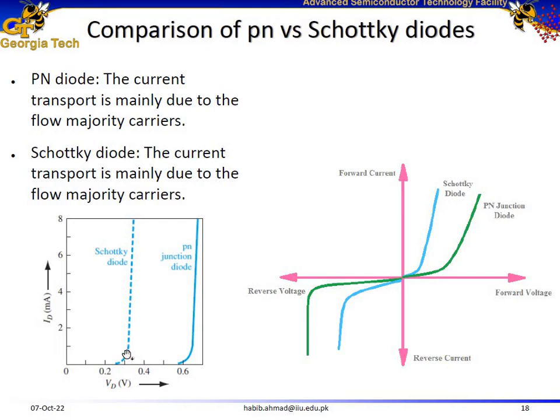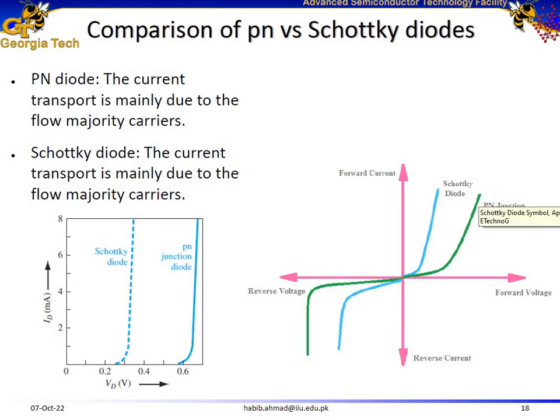It came out to be 0.33 volts or something like that. So the Schottky diode has a smaller turn-on voltage as compared to the PN junction diode, and we can also observe that on this full scale of forward and reverse bias, where the turn-on voltage is lower for a Schottky diode as compared to the PN junction diode.